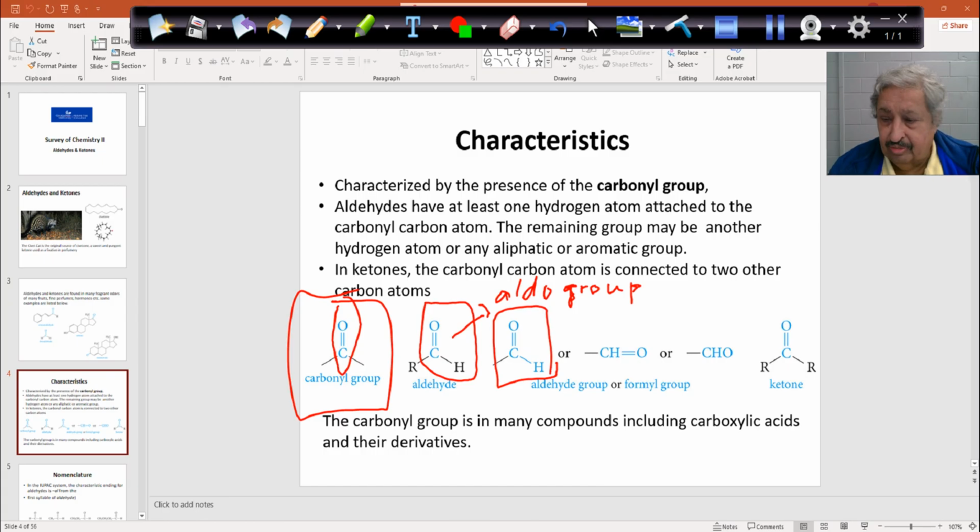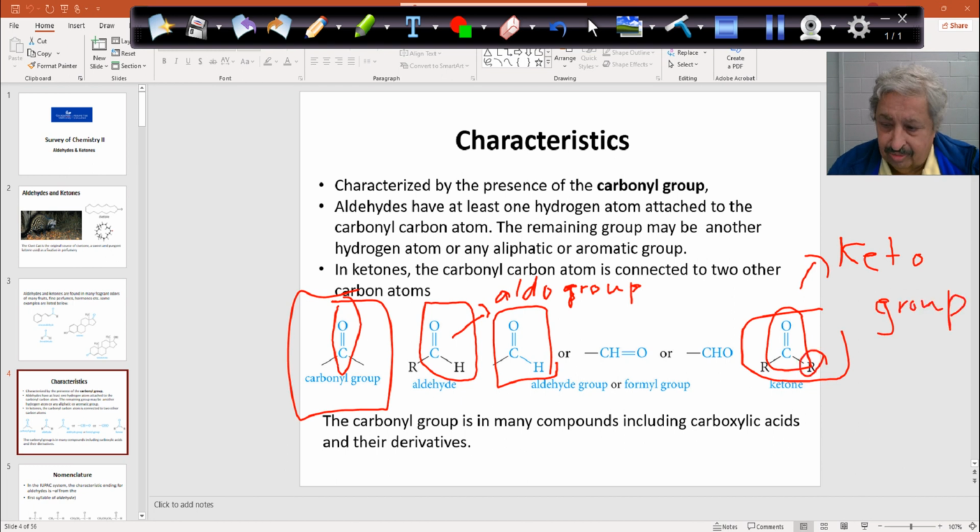But if it's connected like this, now this one here is a keto group. It's a carbonyl group, but it's now connected to two R's. That's a ketone, called a keto group. Those are just examples of how the structures of the ketones and the aldehydes are.